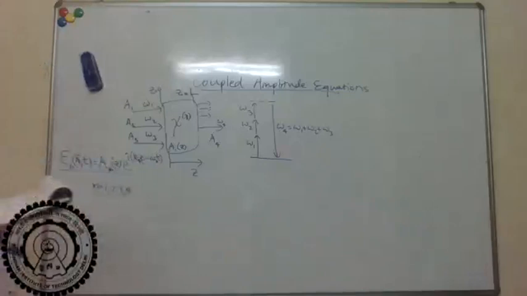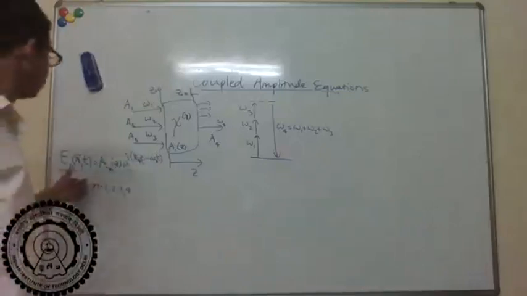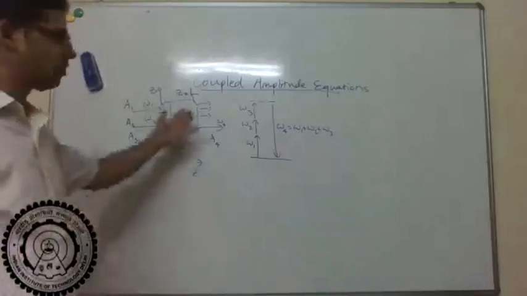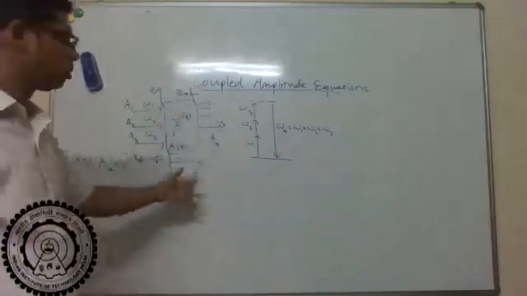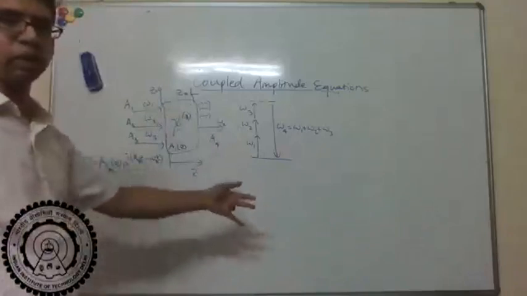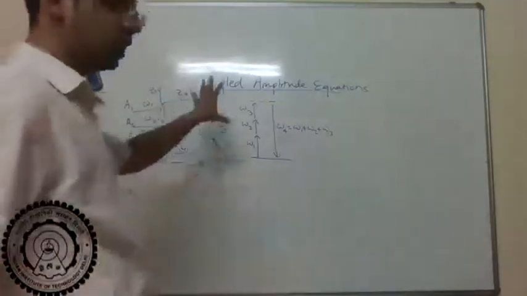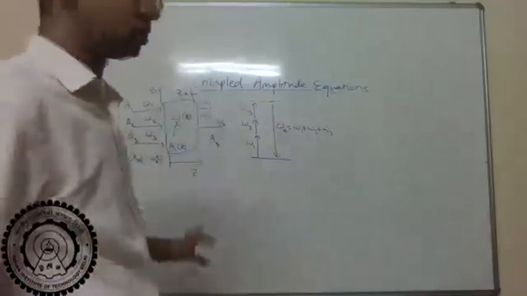Basically, I can write 4 equations: dA1 by dz equal to something, dA2 by dz, dA3 by dz, dA4 by dz equal to something. So I get 4 equations which are coupled to each other.